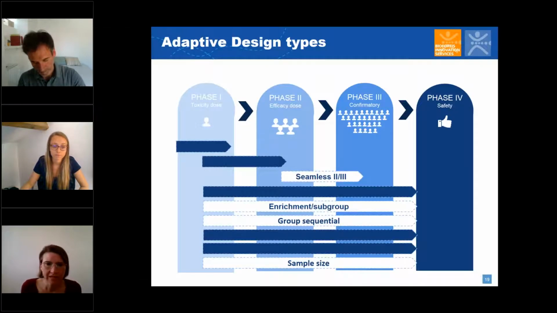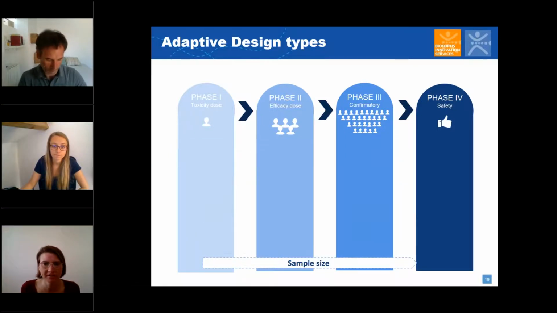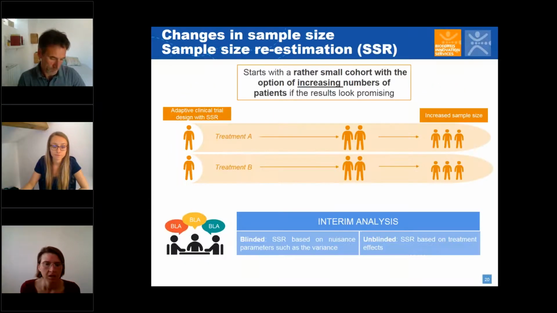Thank you. So now we will discuss sample size adjustment with reassessment or re-estimation. Usually the sample size is prospectively determined using a targeted treatment effect size, an assumption about the variability of the primary endpoint, the desired type 1 error rate, and the statistical power.